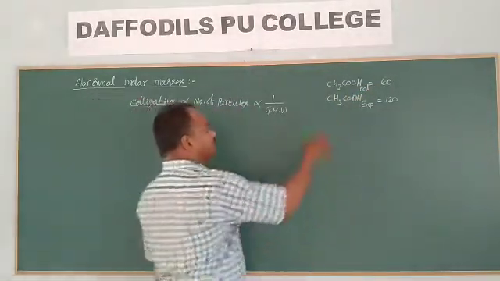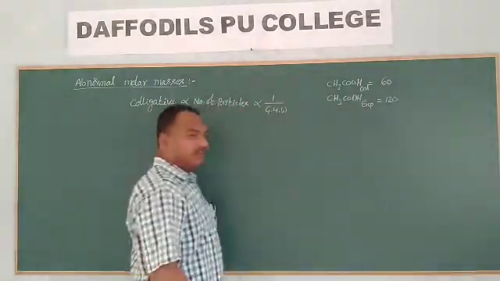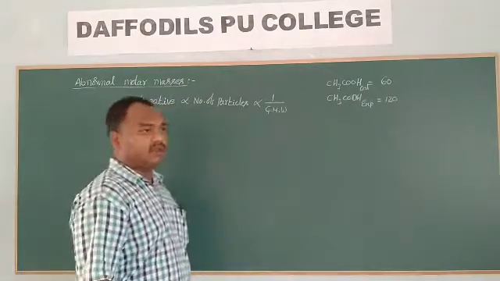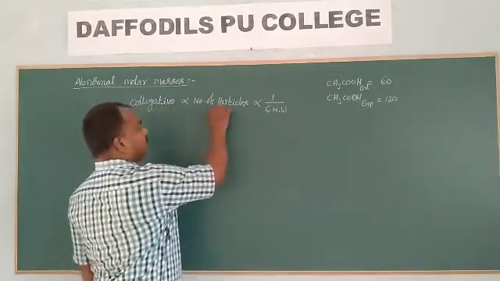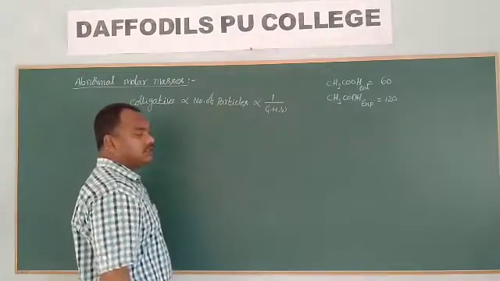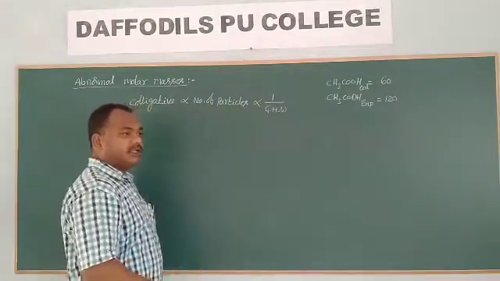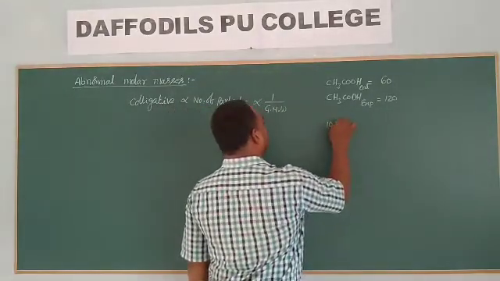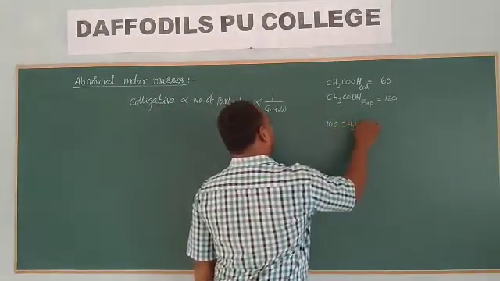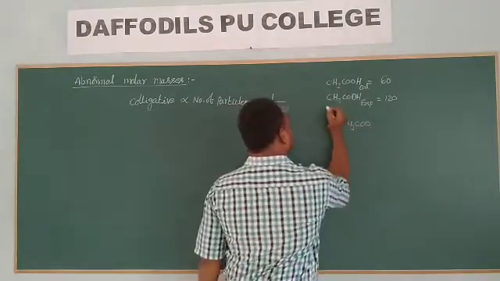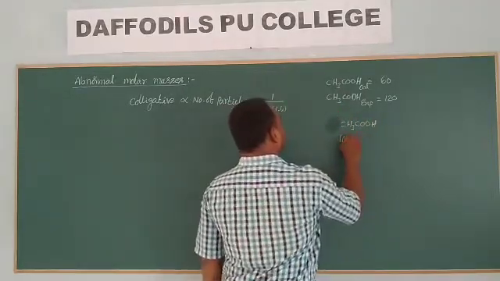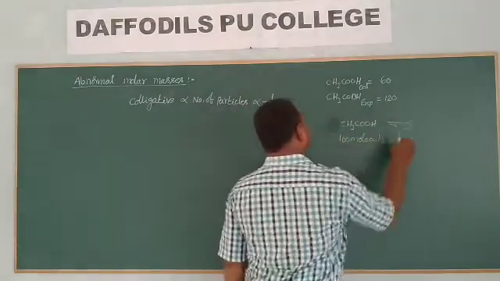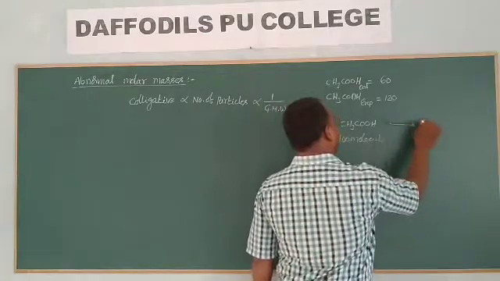But when acetic acid is placed in benzene solvent, it undergoes dimerization. That means the number of particles decreases. Suppose the dimerization happens like this: you take 100 molecules of acetic acid and place them in benzene.